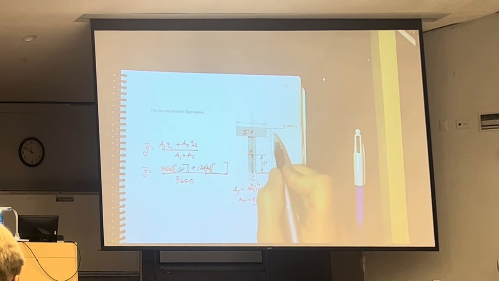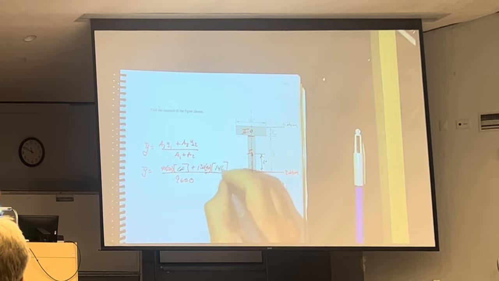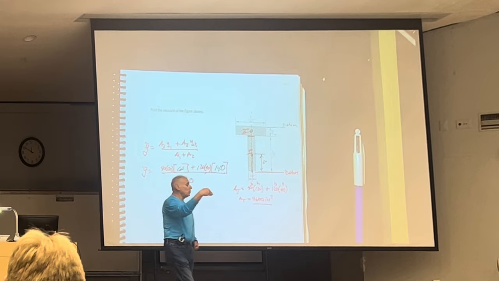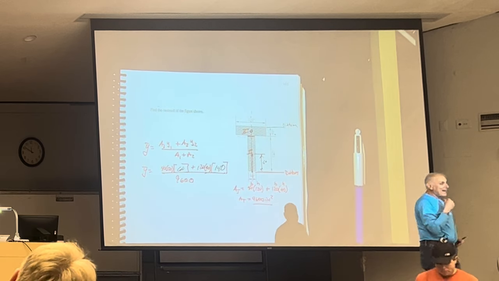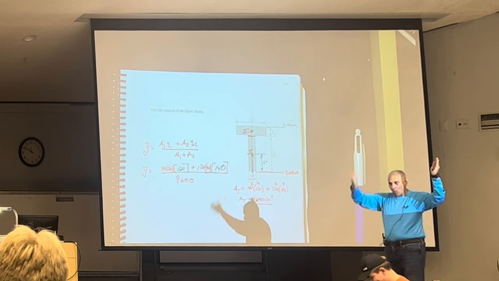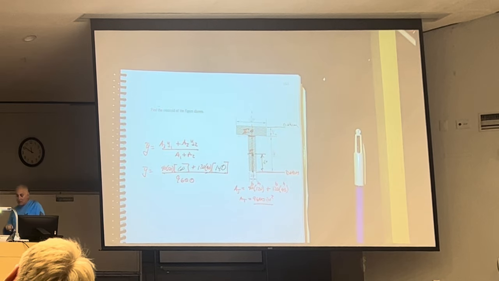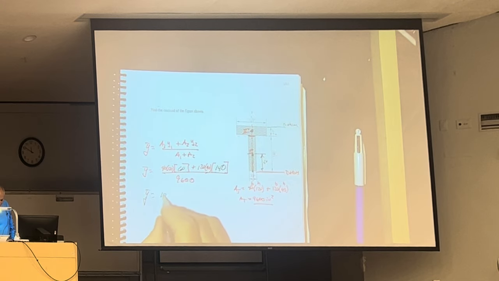That's 120 plus half of 40, which is 20. 120 plus 20, 140. So I'm measuring from the datum to the center. I don't need to put an XY coordinate. All I need is a Y distance. So I'll just establish a datum at the bottom. If you do this, Y bar is equal to 100 inches from the base.